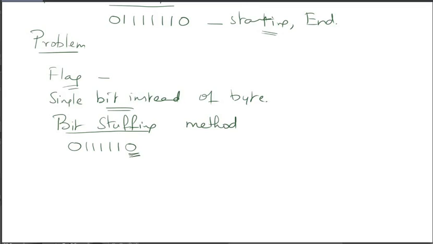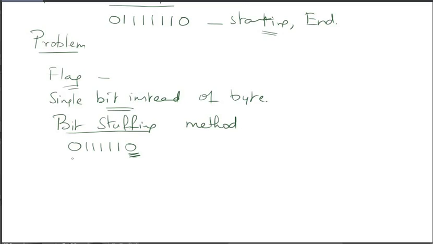This extra 0 is added whenever there is a 0 followed by 5 ones, regardless of the value of the next bit. By this method, the flag sequence does not appear in the frame. So we call this the bit stuffing method.